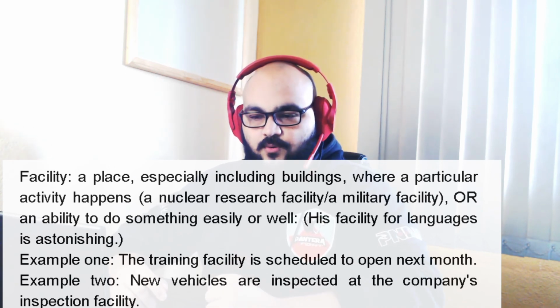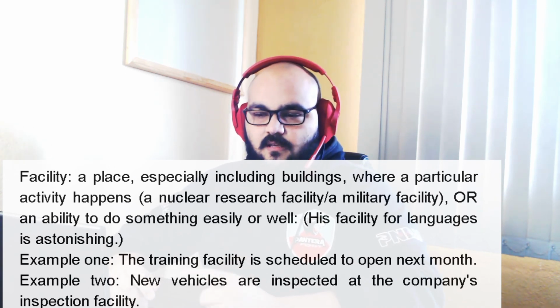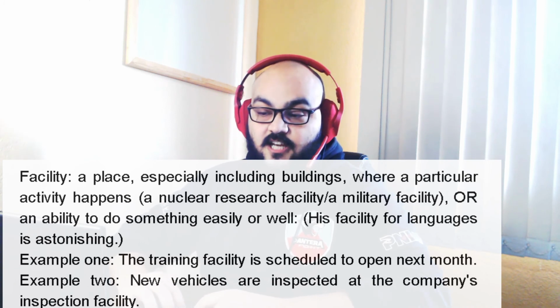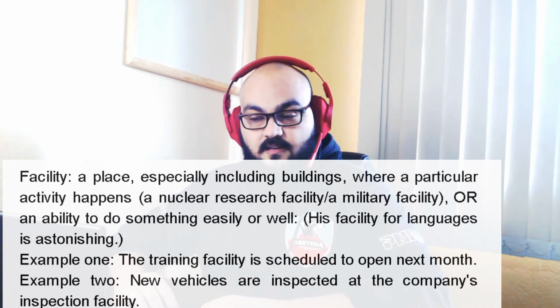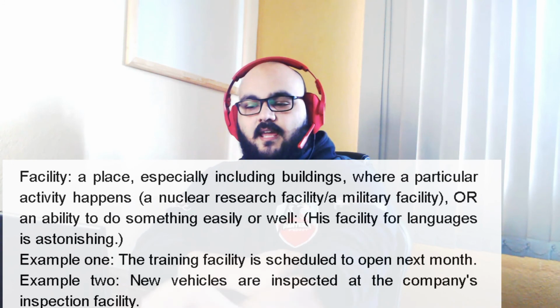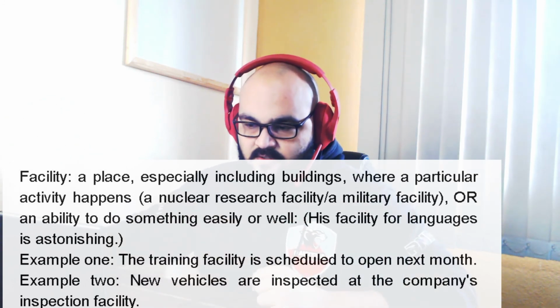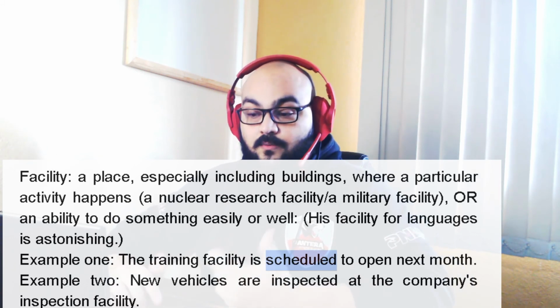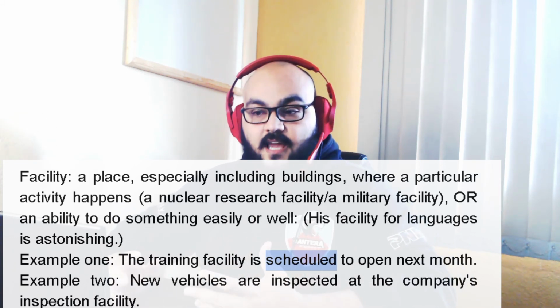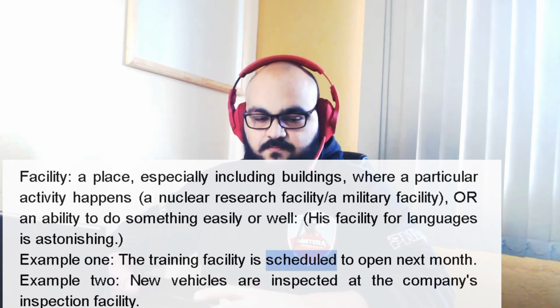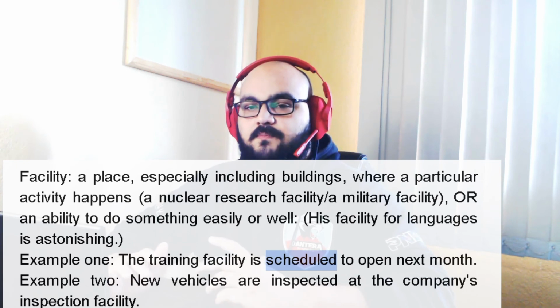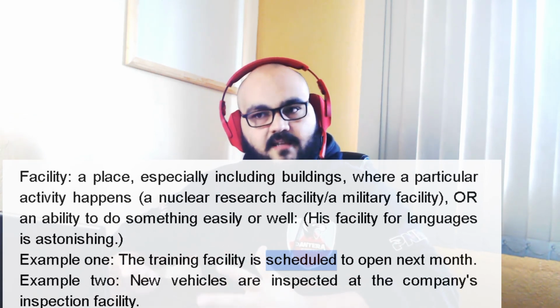And the first example goes like this. The training facility is scheduled to open next month. So just a remark here. Did you notice how I pronounced this word? Scheduled. That would be British pronunciation. Some British people, the younger ones, pronounce it the American way, and that is all right.